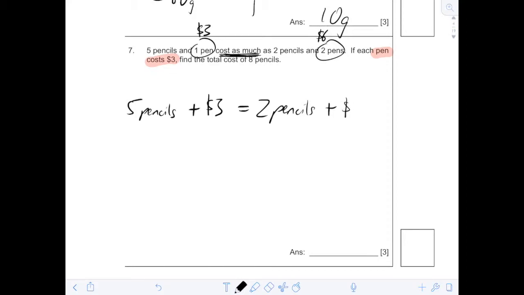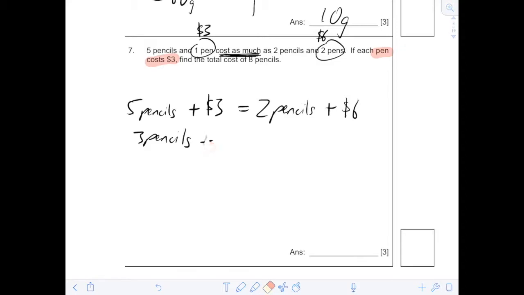Now take note, for questions to do with money, always have your dollar sign there. I'm not going to minus half a mark. In this case, on both sides you're going to minus 2 pencils, so you have 3 pencils over here. And now on both sides I'm going to minus $3.